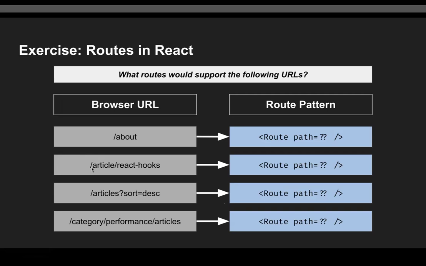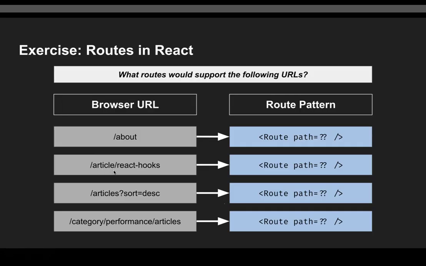All right, so next one, /article/React hooks. Let's assume this React hooks is the title of an article. Would that be /:ID?